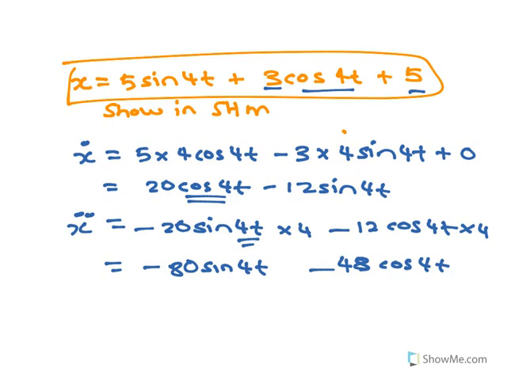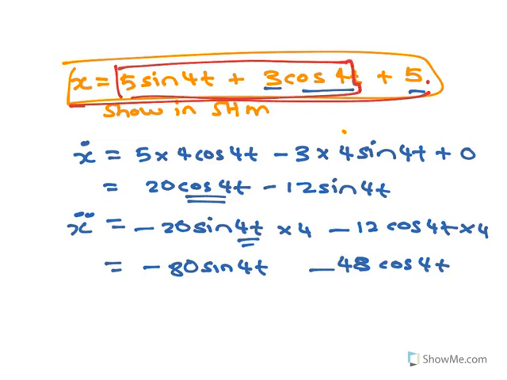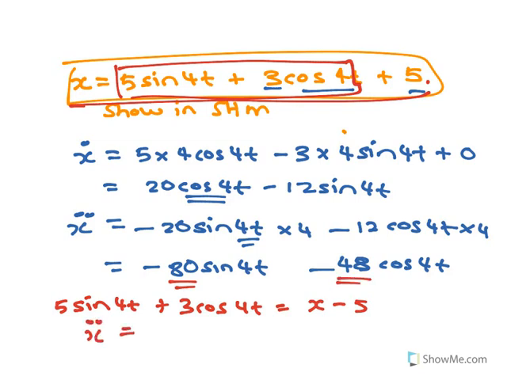So now we have to rearrange the original one to get it in terms of x. We're after this part here, which is 5 sine 4t plus 3 cos 4t, and that equals x minus 5. So if you look here, there is a common factor of 16. If we take out the minus 16, we get 5 sine 4t plus 3 cos 4t, which is what we would like.